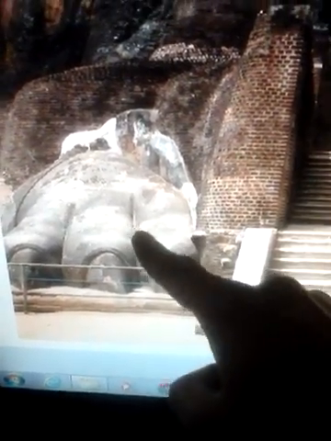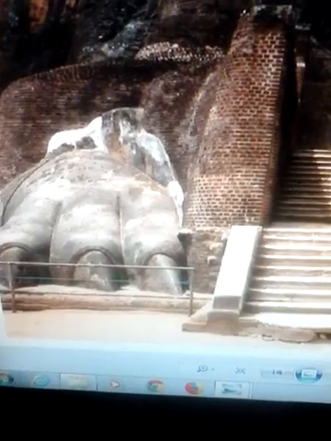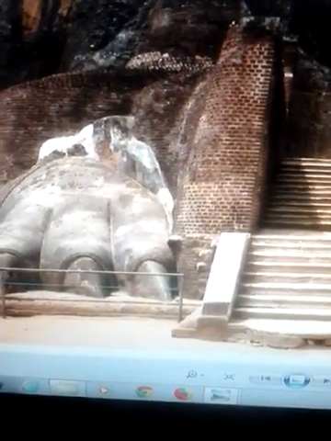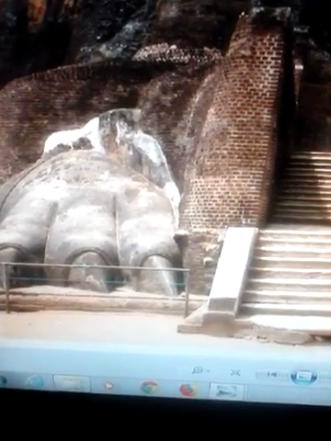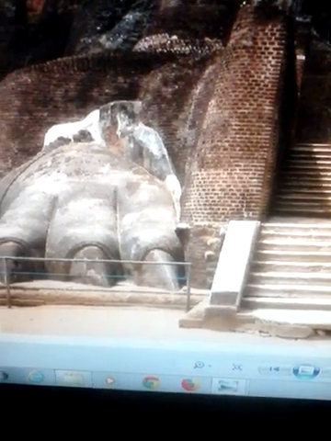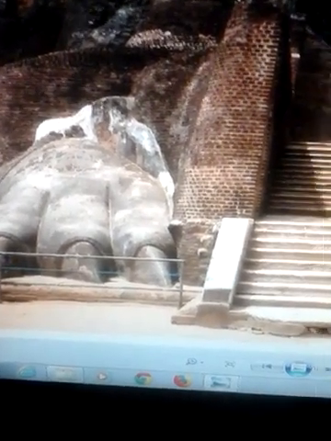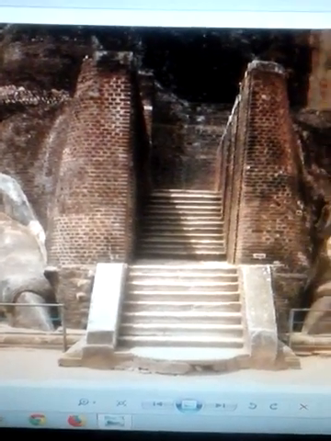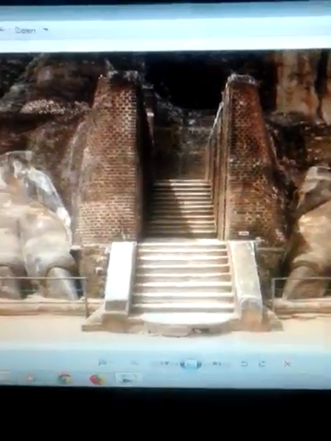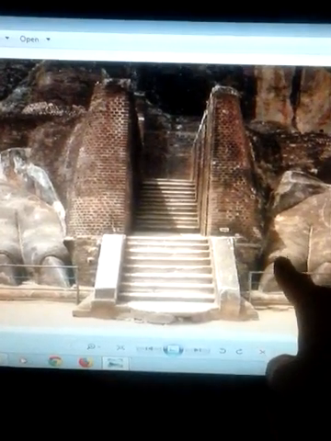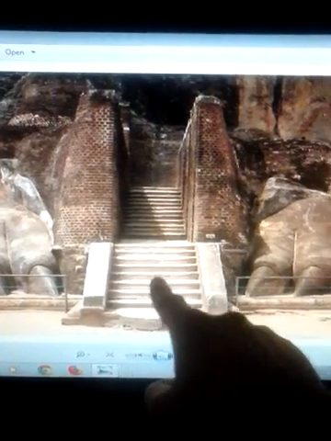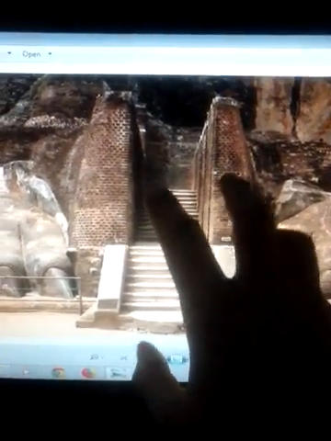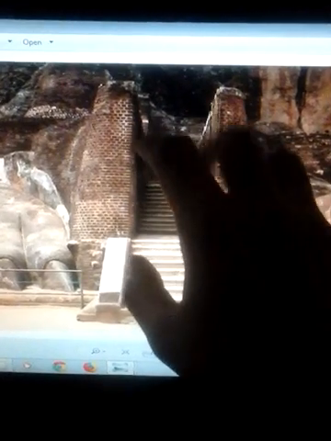It represents the fourth state of matter, which is the main power source of the Sigiriya or the Pushpaka Vimana, that is the plasma. And also, those eagle paws have been constructed turning toward the direction of the entrance passage to represent its attracting capability.